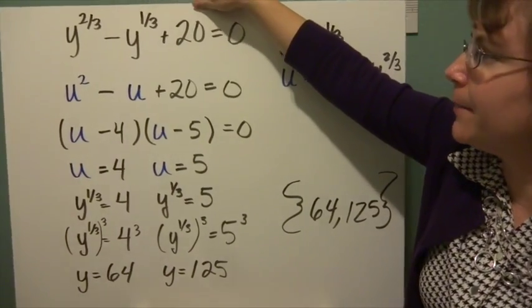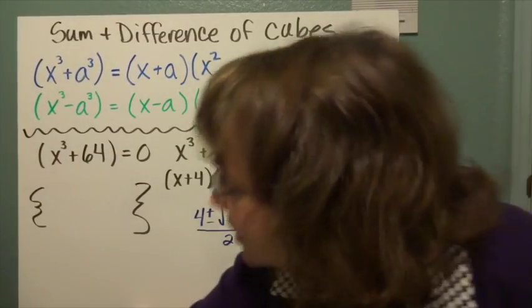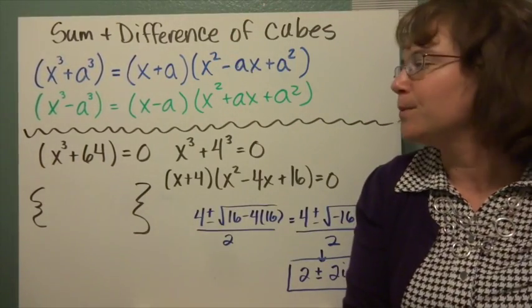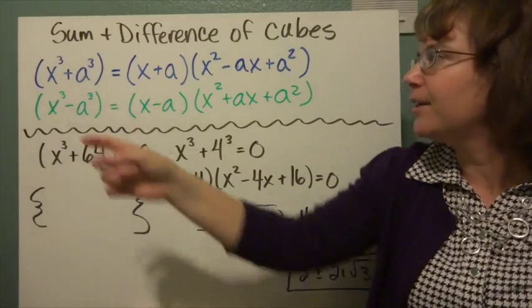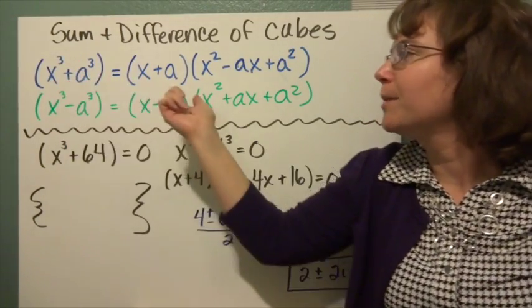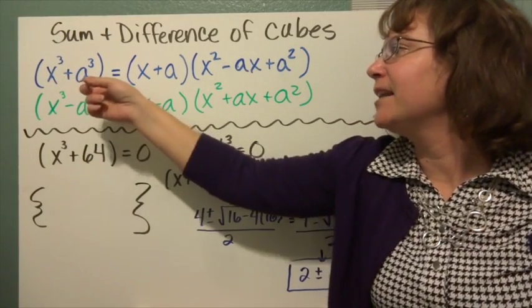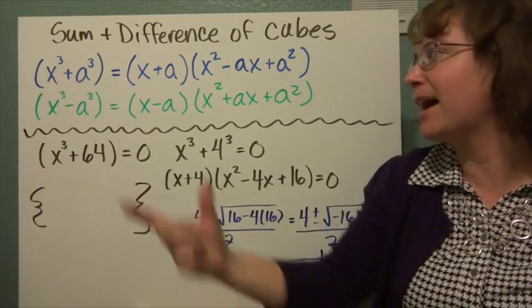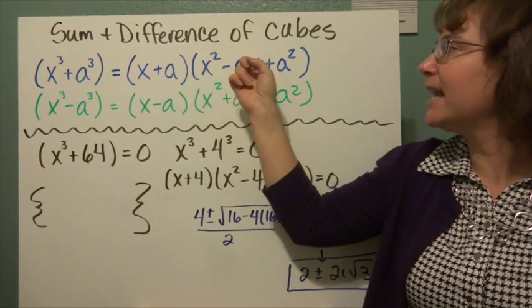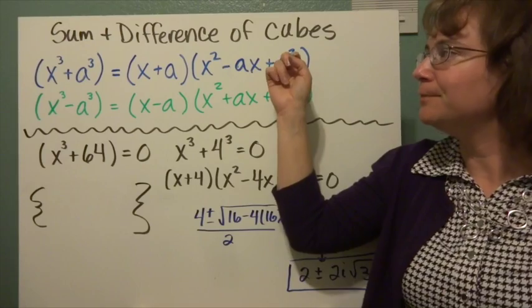Now the last example we're going to look at starts off as a cubic. And you need to know the sum and the difference of cubes. So you could do this by trial and error, or you could look at this formula. x to the 3rd plus a to the 3rd is the same as x plus a times x squared minus ax plus a squared.